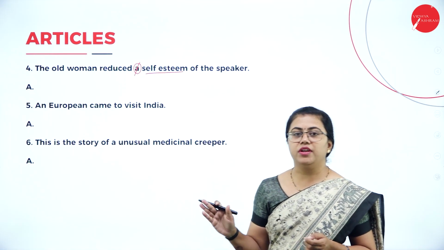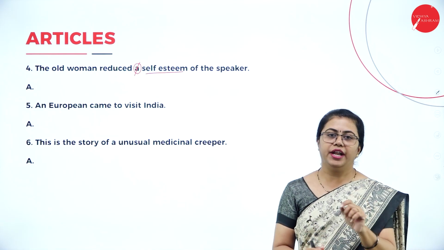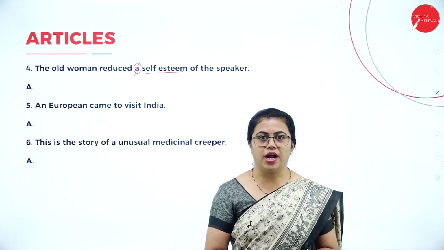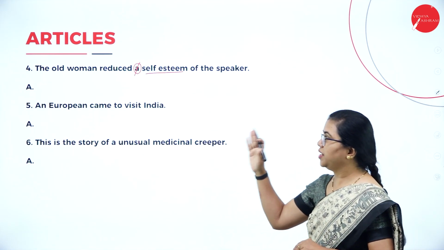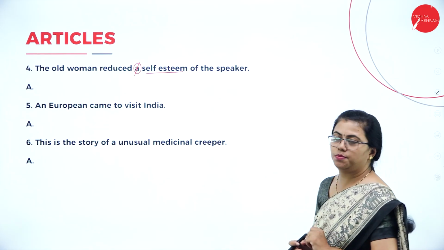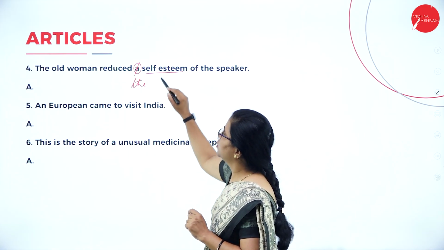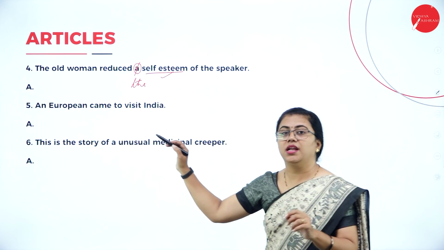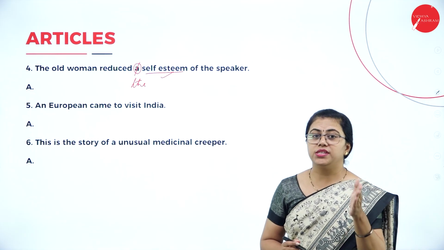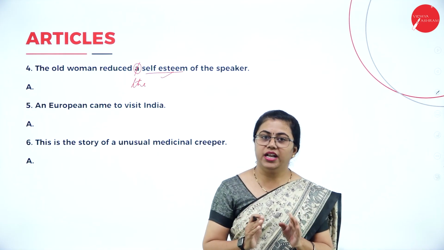Whenever you're talking about words like that, you are not supposed to use any indefinite article. Yes, in rare cases you can use definite articles. But here just read the sentence. The old woman reduced the self-esteem of the speaker. The actually holds good over here. So self-esteem is an abstract noun. Here I am using a definite article. Whenever you are using abstract nouns, please do not make use of any indefinite articles.